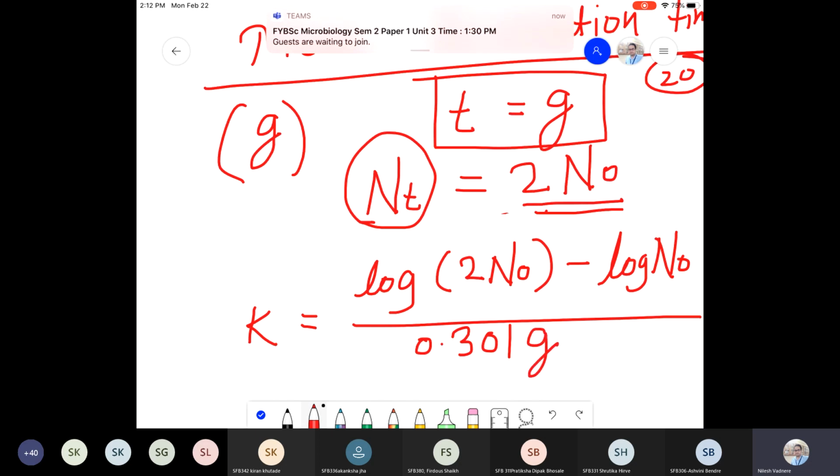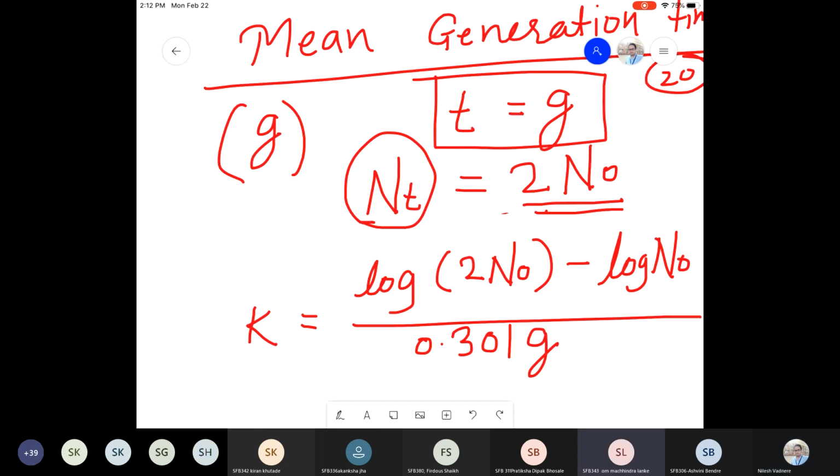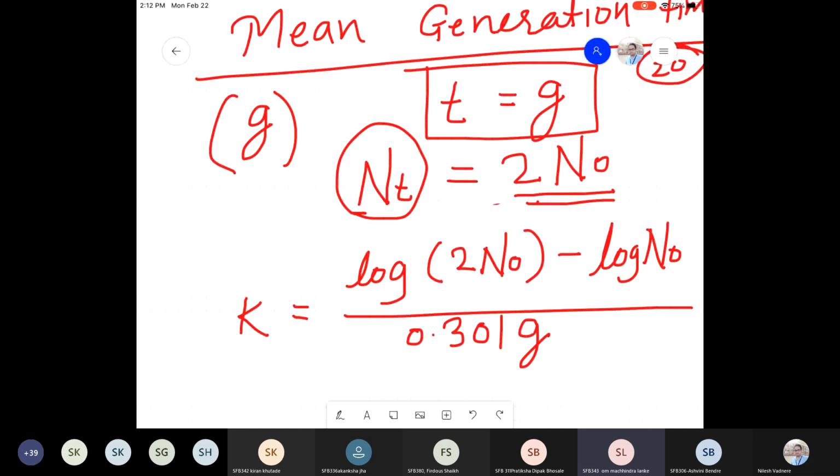So we will write g. ठीक है. So now the new equation is k is equal to log of 2 into n0 minus log of n0 divided by 0.301 g.